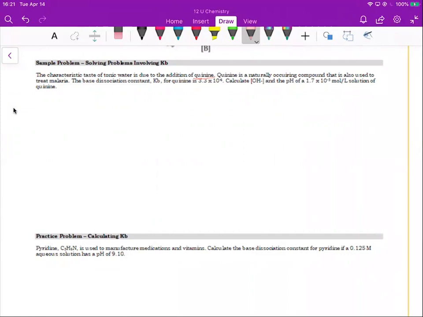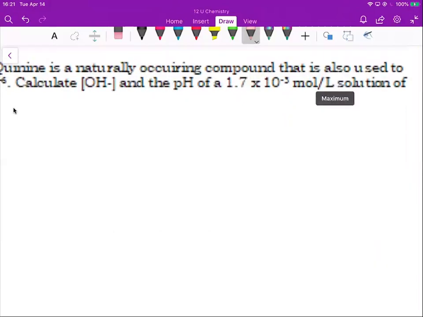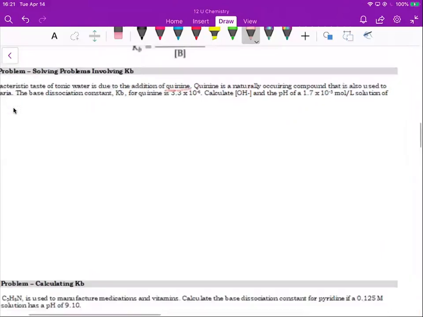Quinine is a naturally occurring compound that is also used to treat malaria. The base dissociation constant Kb for quinine is 3.3 times 10 to the minus 6. So it's a weak base. Calculate the concentration of hydroxide and the pH of a 1.7 times 10 to the minus, what is that? I think it's minus 3 mole per liter solution of quinine.